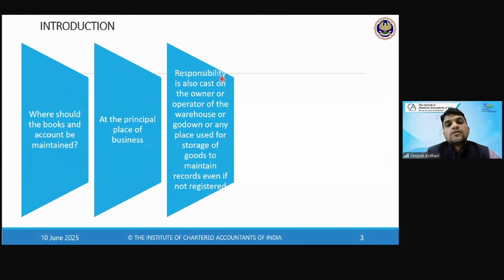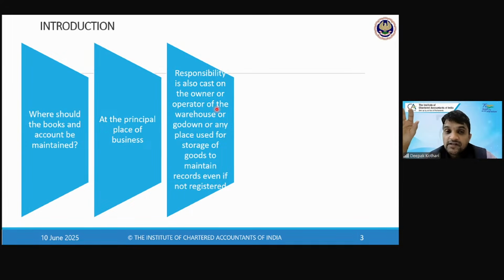Okay. So we were talking about where the books of account should be maintained. Accounts have to be maintained at the principal place of business, and the responsibility is also cast on others. So if you're transporting some goods and those goods are lying in a godown and it is illegal goods, now when the officer asks, the godown person doesn't know.